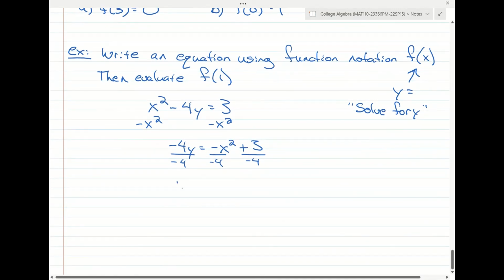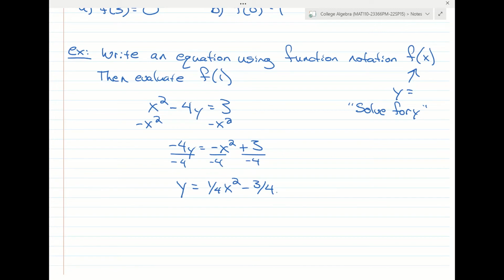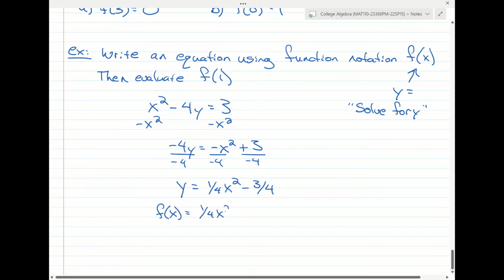This will just turn into y is equal to 1/4 x squared minus 3/4. We could just write f of x instead of y. And that takes care of the first part.